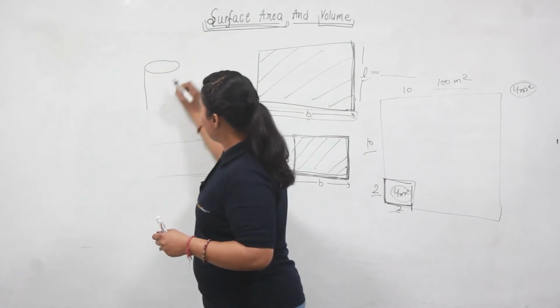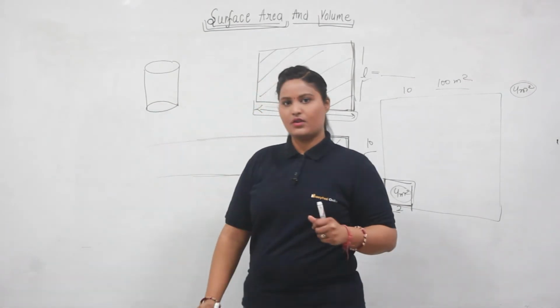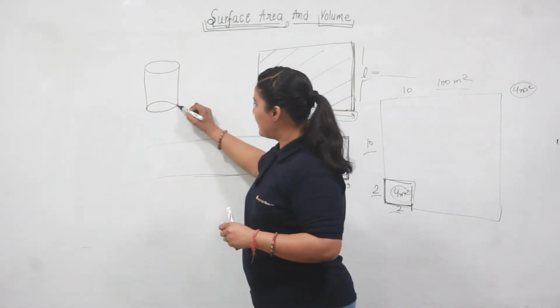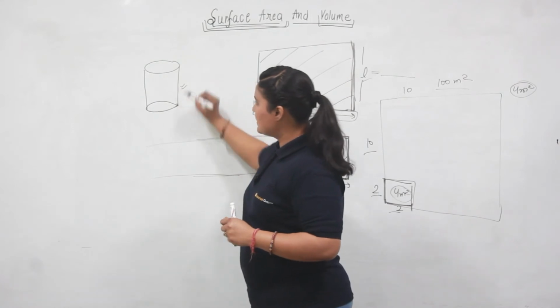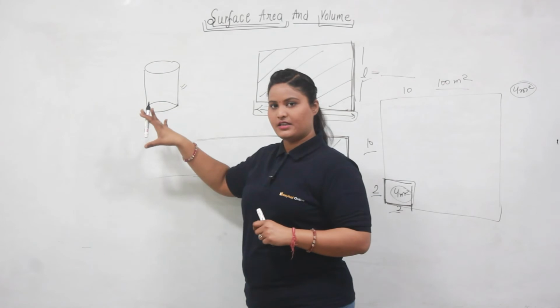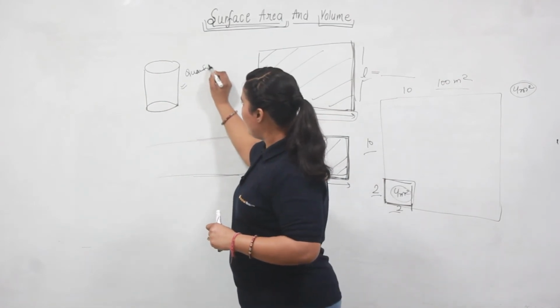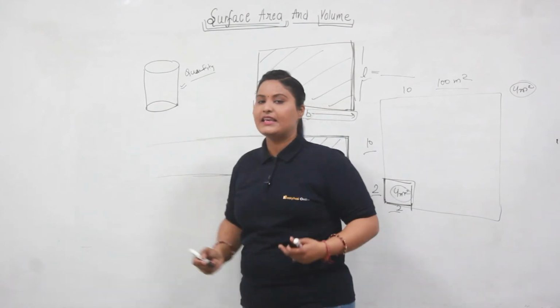If I give you an example, if it is a glass of cylindrical shape, then if I pour water into it, then the quantity of water or quantity of anything.